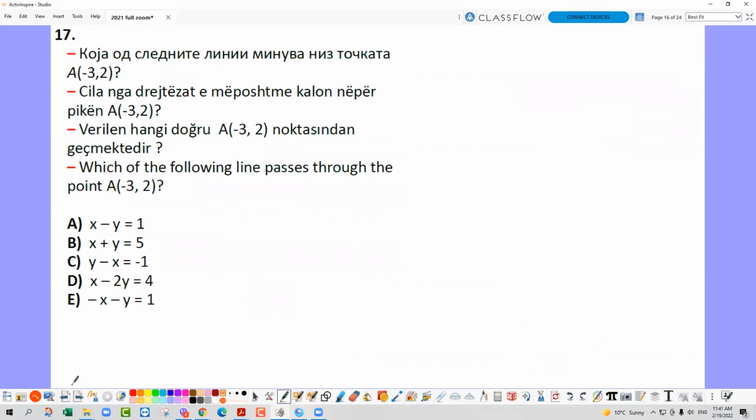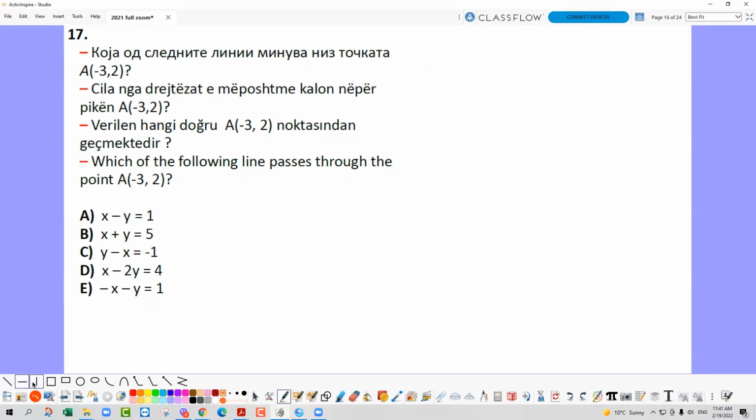Okay. The next question is again a line question. We're going to determine whether the point is on the line or not. If you remember from the previous lesson, if you're talking about a point on the line, it should satisfy the line.